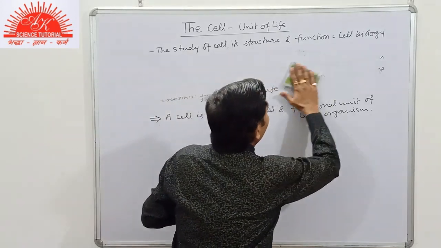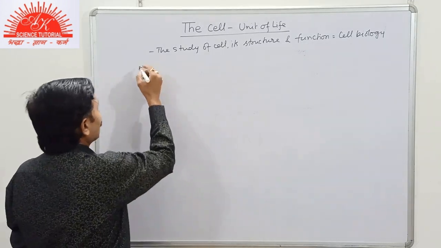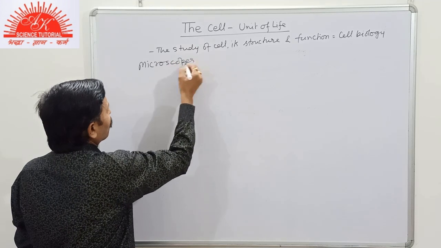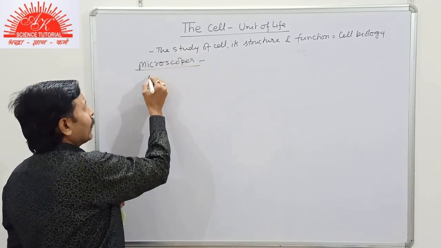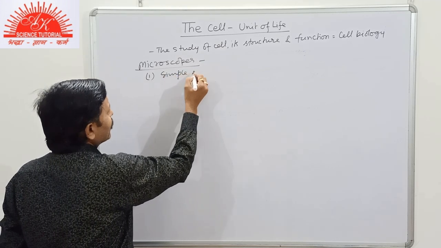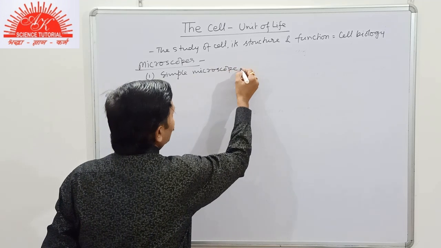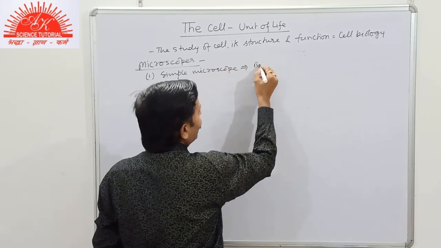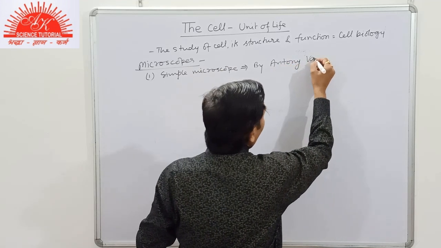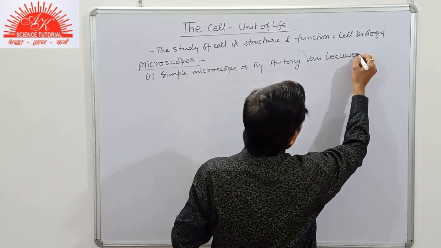The first microscope was a simple microscope, discovered by Antony van Leeuwenhoek.